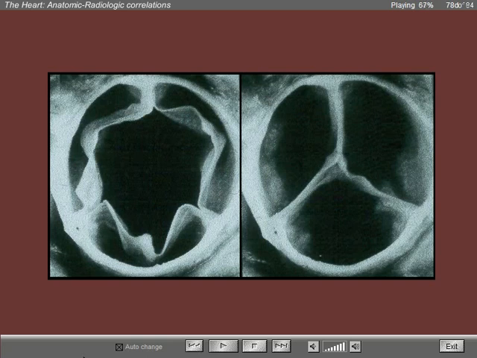On the right side, you note the apposition of the valve leaflets during diastole. And now we can distinctly see the space between the valve leaflets and the wall of the aorta, which is the home of the sinus of Valsalva.